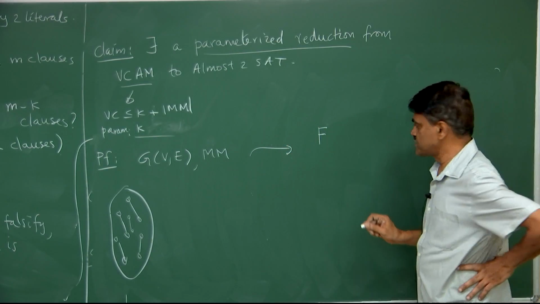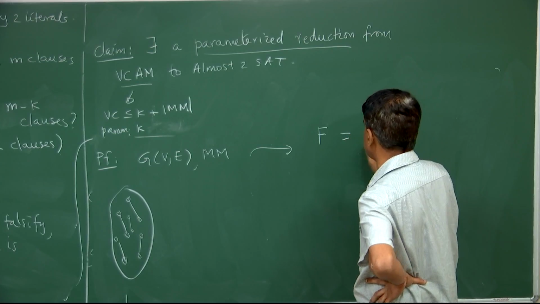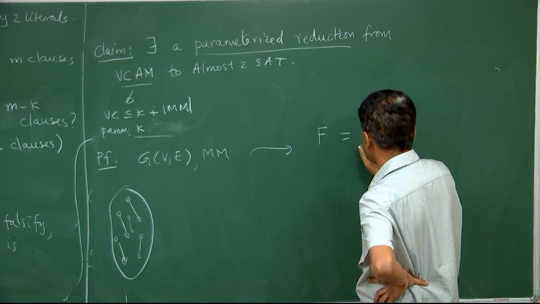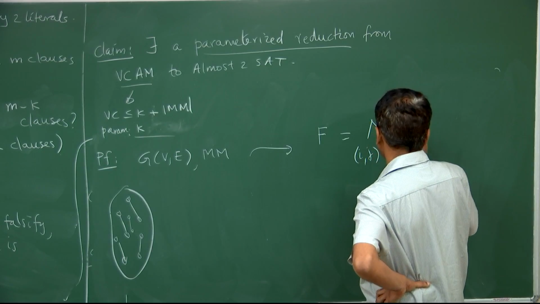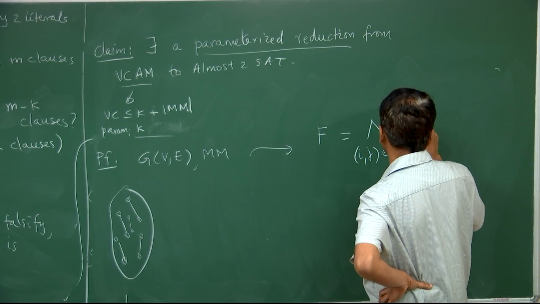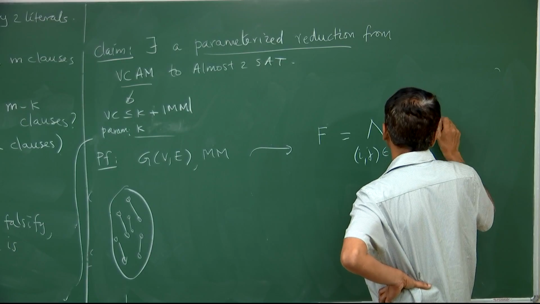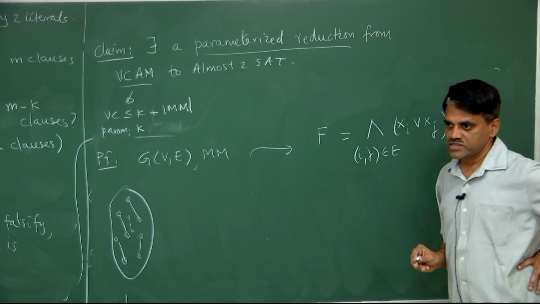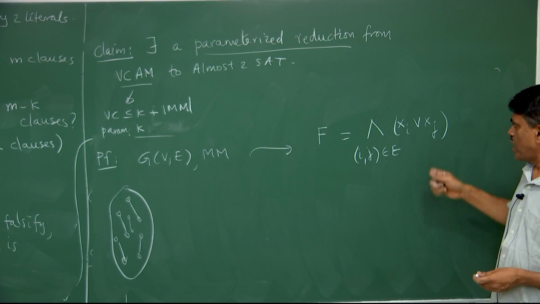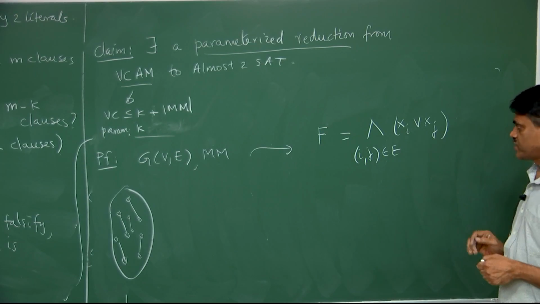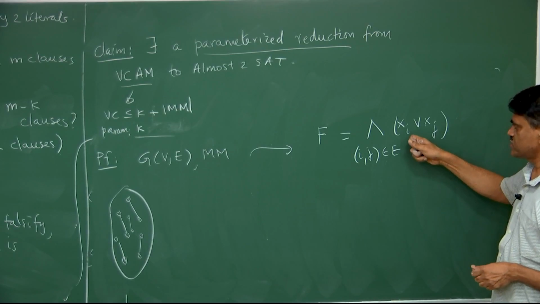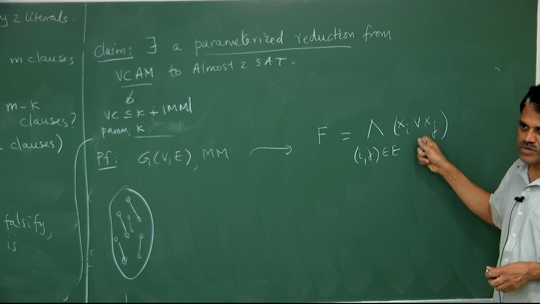It's a 2CNF formula. For every edge in the graph, I am going to say xi or xj. This is the vertex cover. There is a variable for every vertex, that's all the variable is. For every edge in the graph, I am going to say either pick xi or xj. One of them must be in my vertex cover.